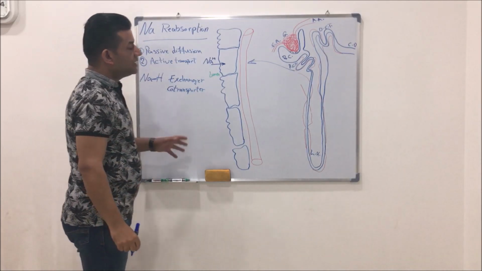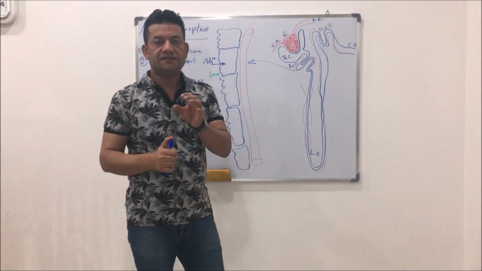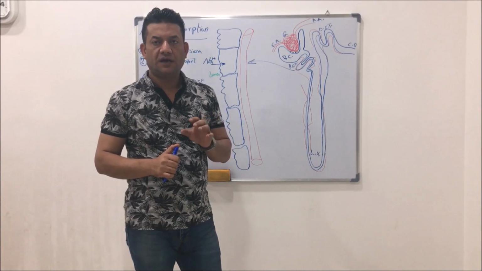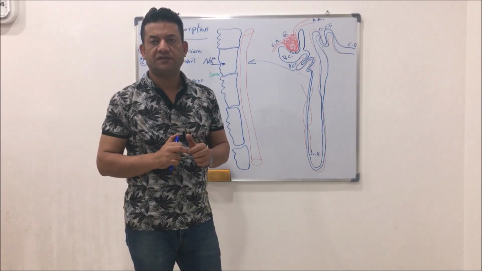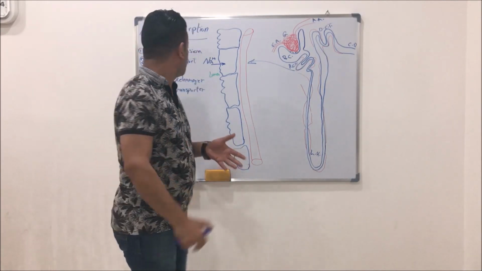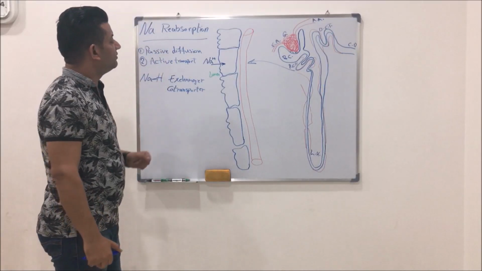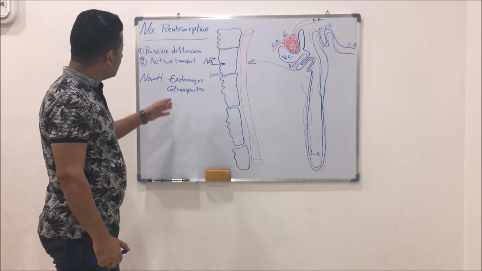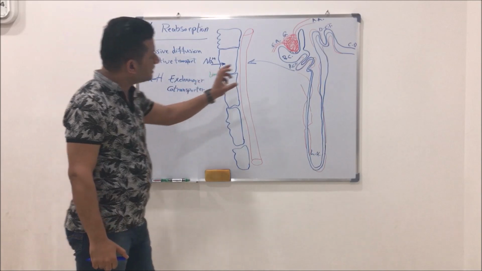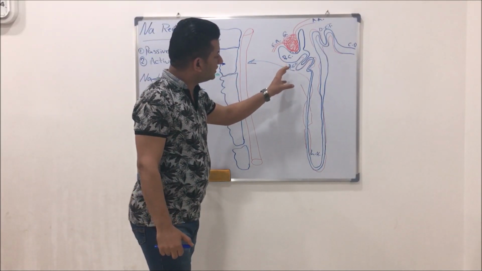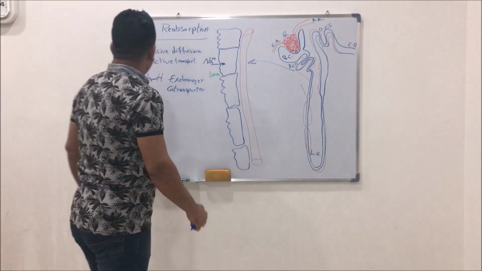In fact, about 65% or 60% of the sodium is reabsorbed by this mechanism in the proximal convoluted tubules.